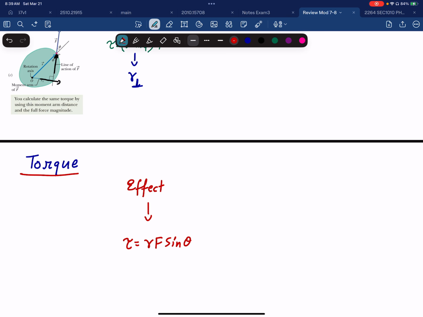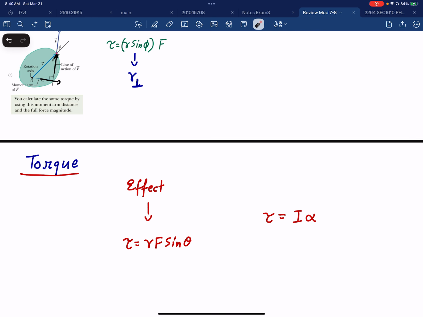This is the effect. The consequence or the result is an object rotates around the axis of rotation with this angular acceleration. Understood? So first you find out the effect.